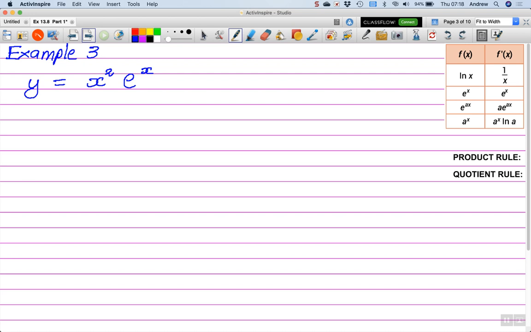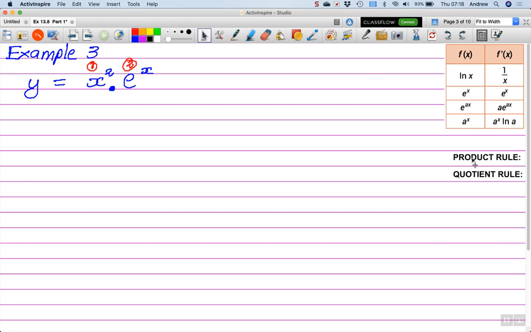Now, example number 3 is, I hope you spot this, the product rule. And this is key. You have to spot that this is the product rule. And because it's the product rule, you're starting to label up. This is the first function, and this is the second function.